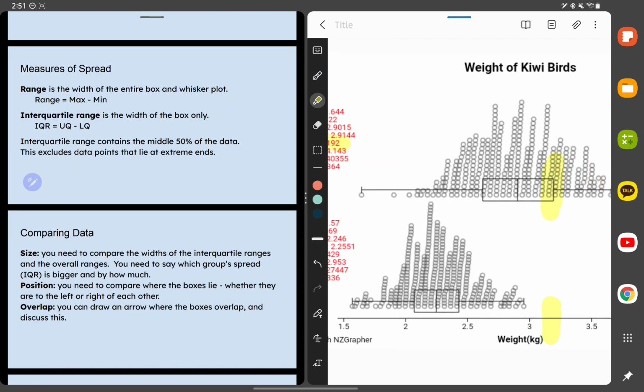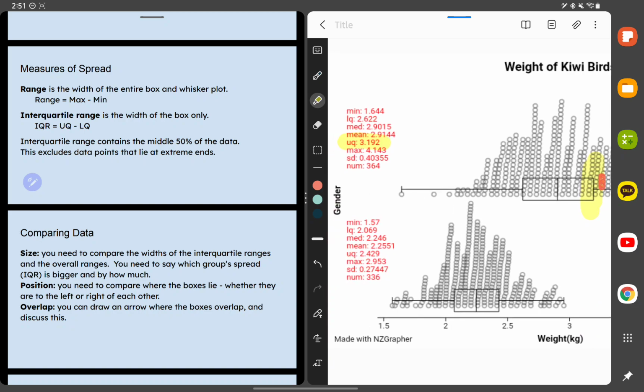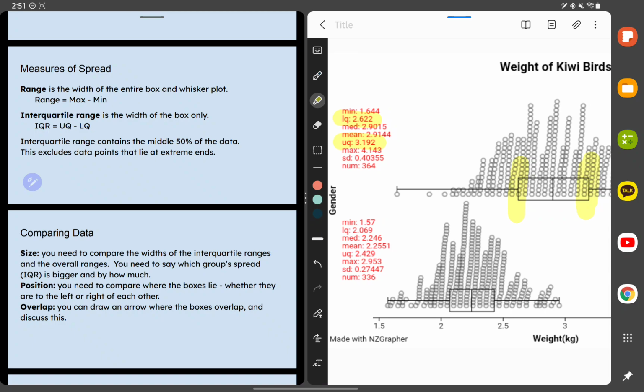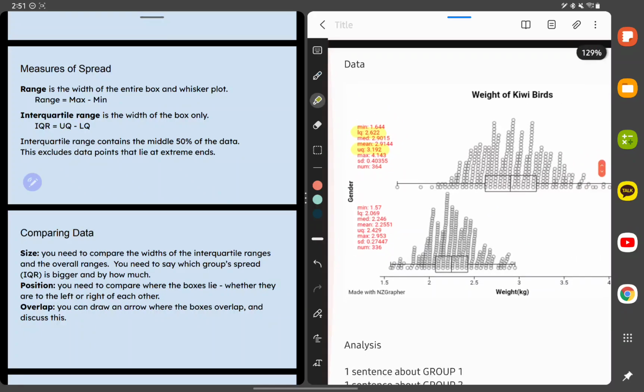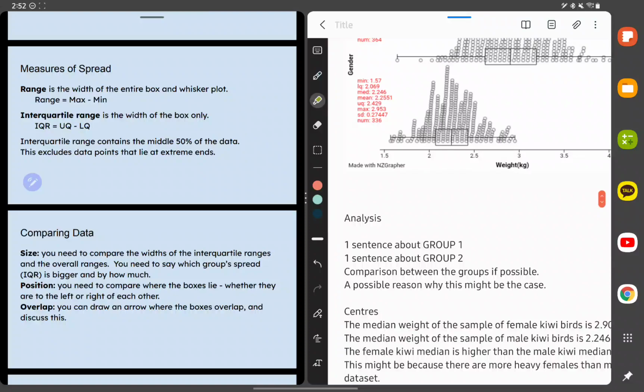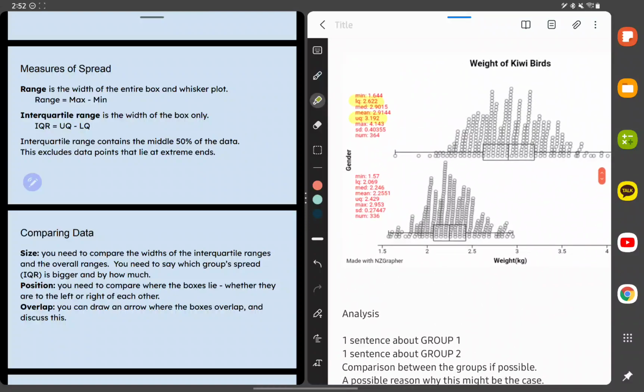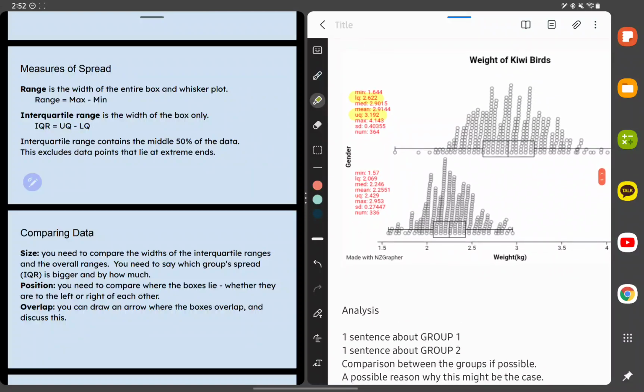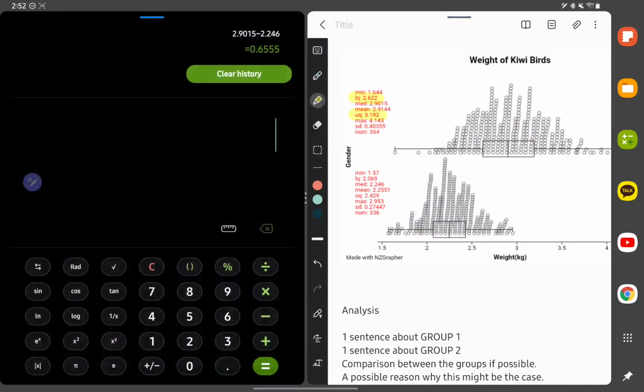So it's like 3 point something, but it's less than 3.5. And the lower quartile, which is exactly where this line falls, which will be 2.7 or 2.6 or whatever. So there we have it. Those two numbers are the ones we need. And here's what we do. We have to do UQ minus LQ. So upper quartile minus lower quartile. This is every time, by the way, to find the interquartile range.